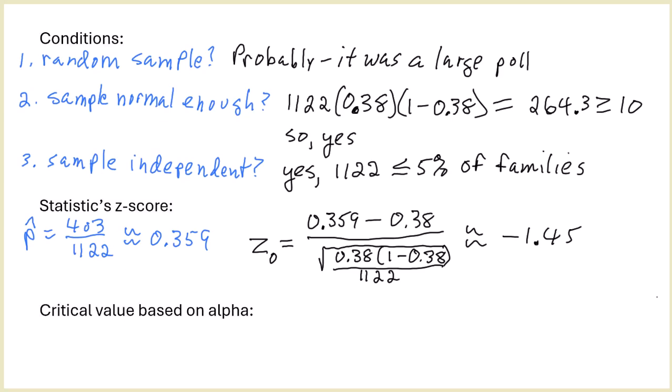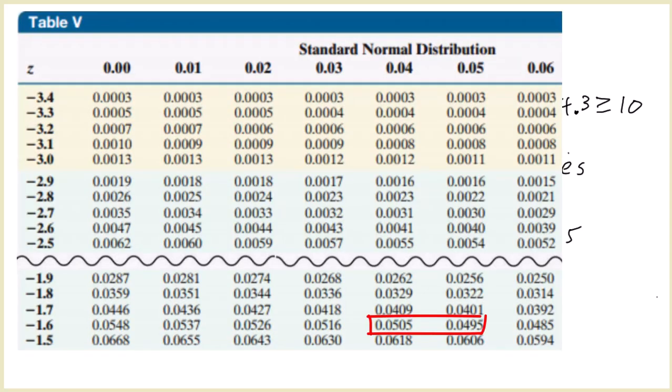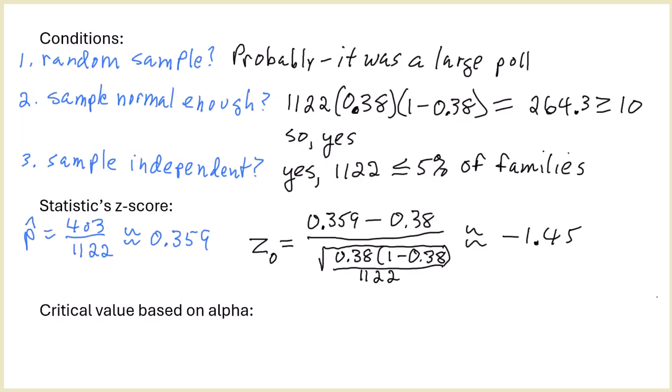So in your formula pages, look for an area of 0.05. Not a z-score, but an area of 0.05. What's the z-score that corresponds to that? It's dead center between 2 values. We have seen that number before. It was a critical value for what confidence interval?